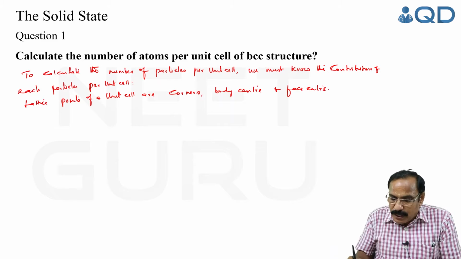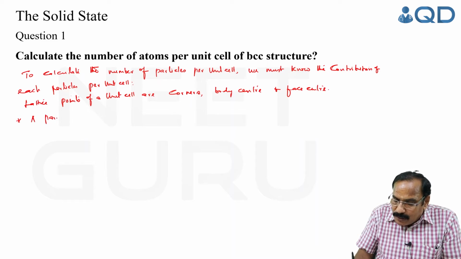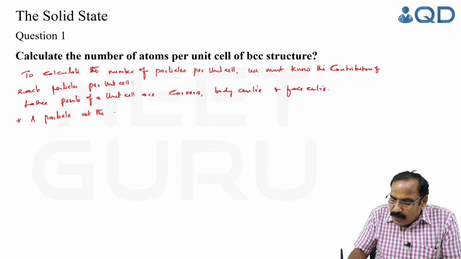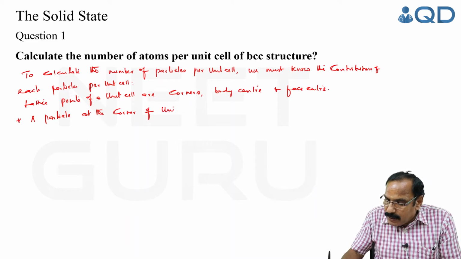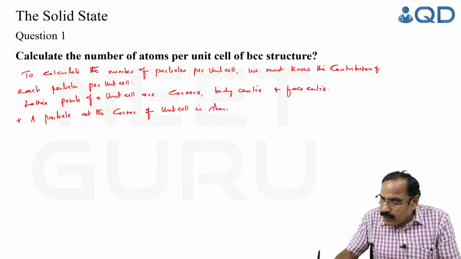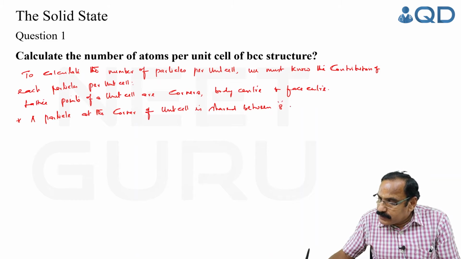Now, what is the contribution? Very important. A particle at the corner of a unit cell is shared between 8 other unit cells, you see.